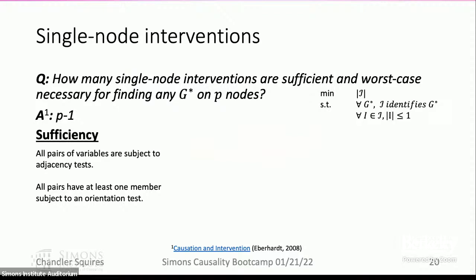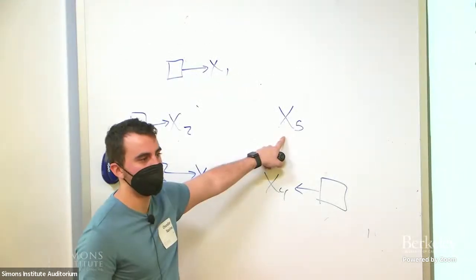If you want, for X1 and X2, take the intervention on X3. That will provide the structural adjacency test for those. And then all pairs of these variables will have at least one member that's going to serve as the orientation test. So the only thing that you really have to worry about is, in this case, the variable that you don't intervene on.